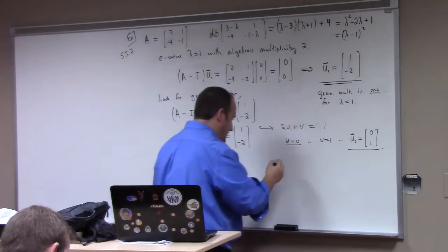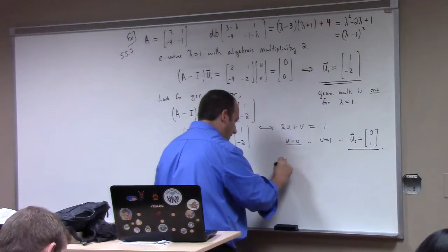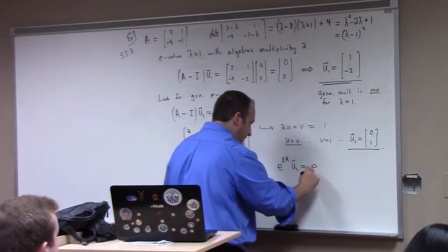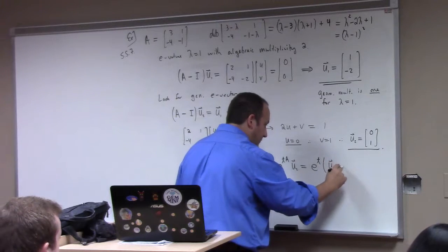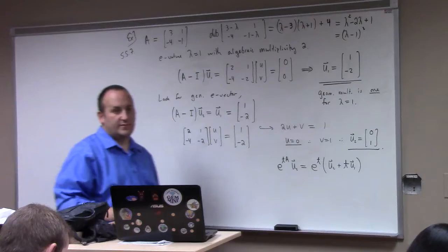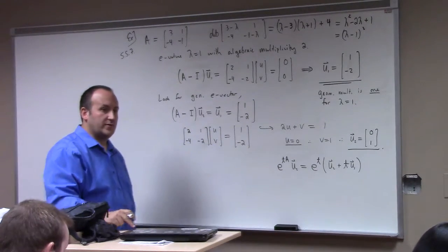And so by the derivation we went through today, e to the tA times u2 is equal to e to the t times (u2 plus t times u1), because we have a generalized eigenvector of order 2.